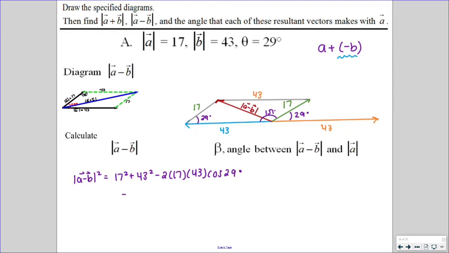That should give us, when I plug it into the calculator, 29.31. Don't forget to take the square root.